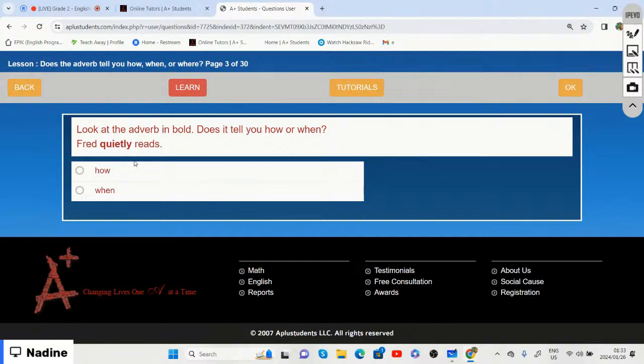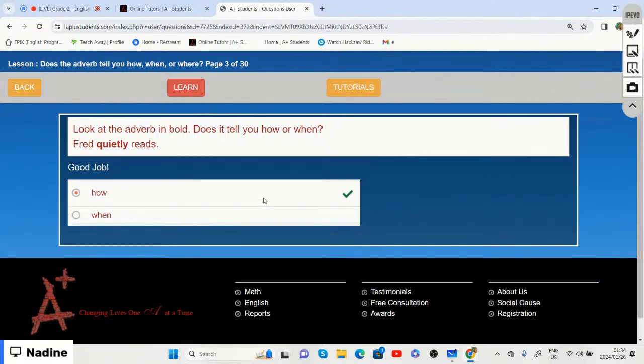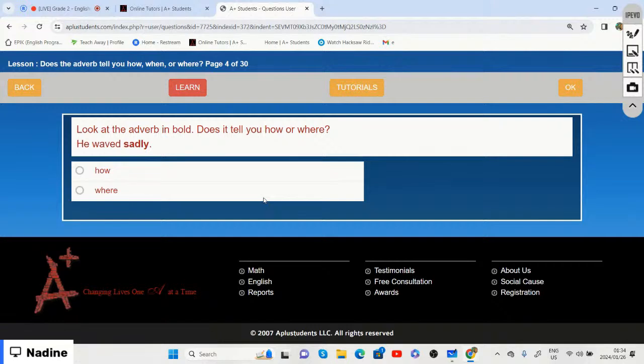Fred quietly reads, right? So how does he read? Quietly. And that is correct. So we need to look at the adverb in bold. Does it tell you how or does it tell you where?